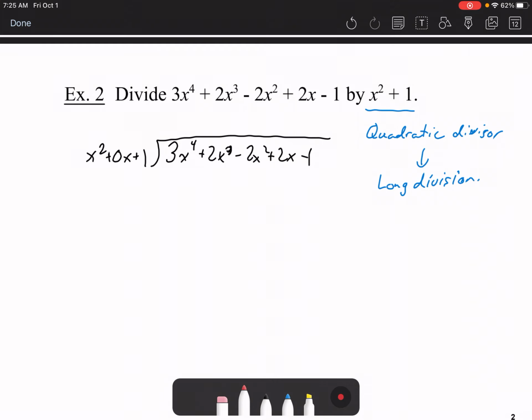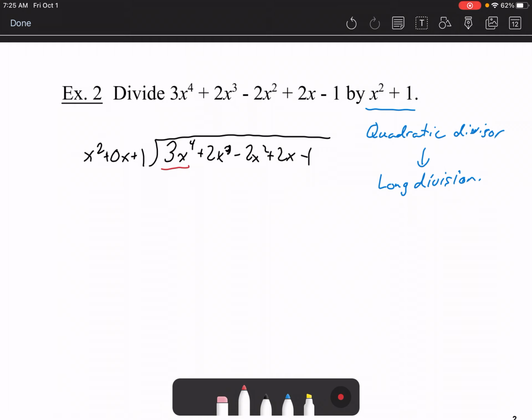Focus on the 3x to the exponent 4 and the x squared. You want the x squared to multiply by something to give you 3x to the 4. And that is 3x squared. So you put the 3x squared above the negative 2x squared, because that's the same unit system.